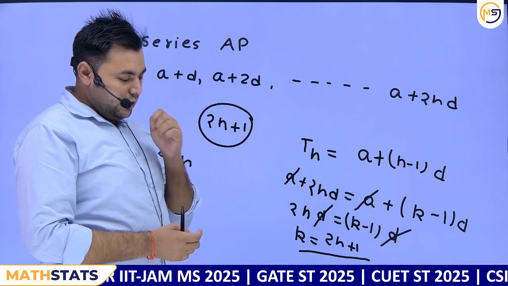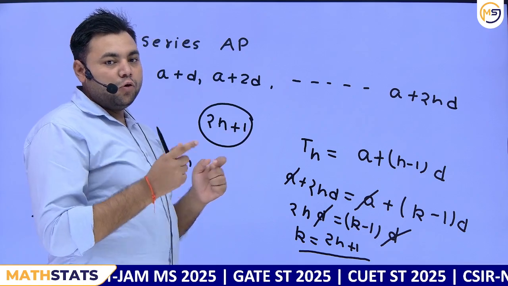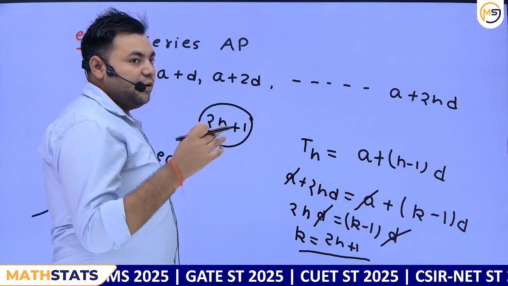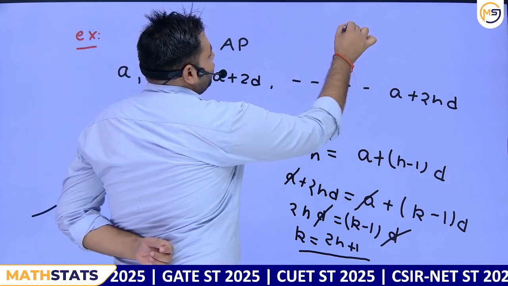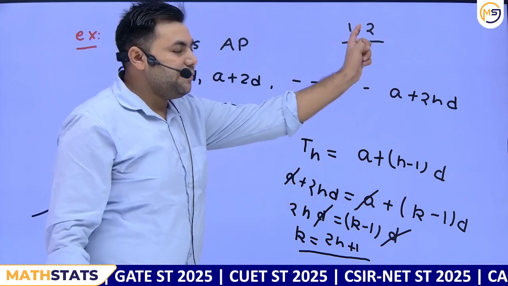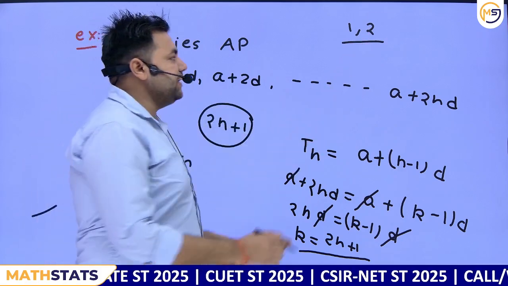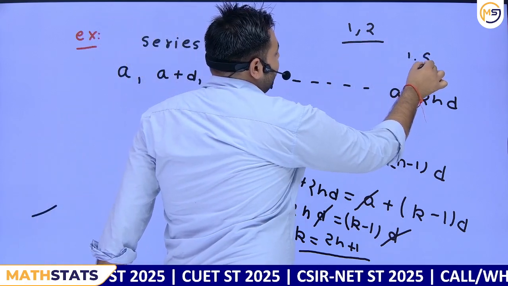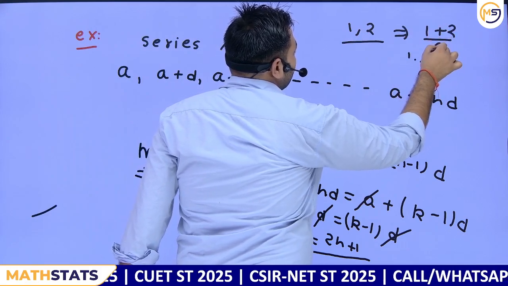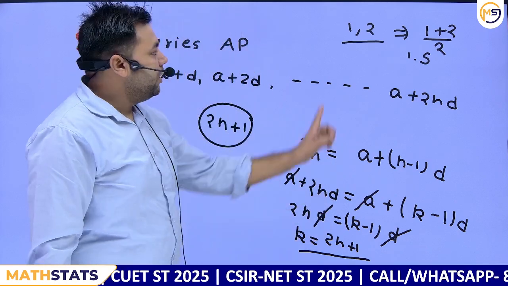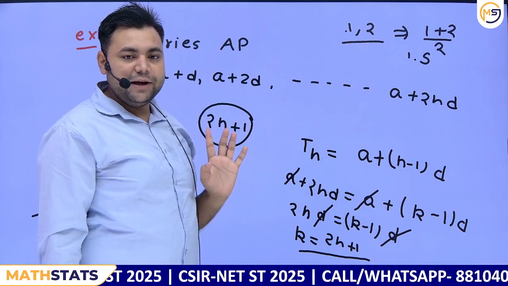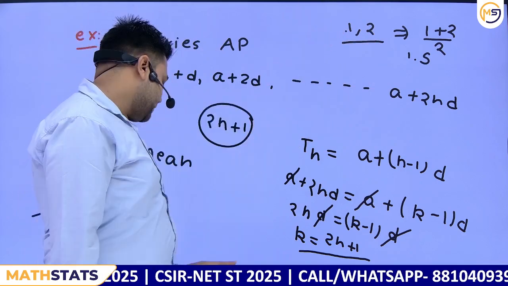When you think about two numbers 1 and 2, what is the mean? 1 plus 2 by 2, which means 1.5. That means adding the first and last number and dividing by 2. This is the mean of an AP series.